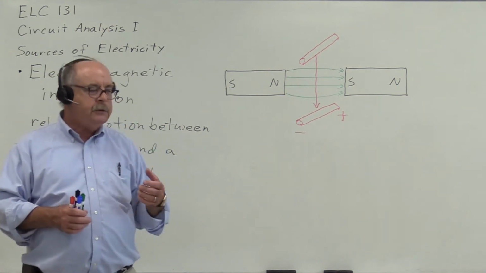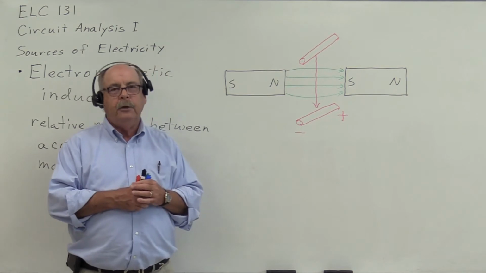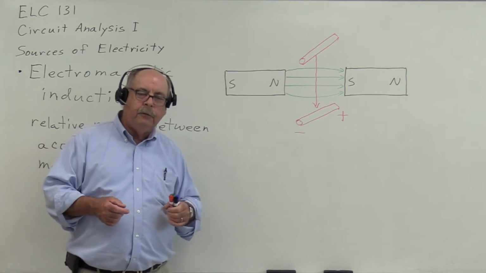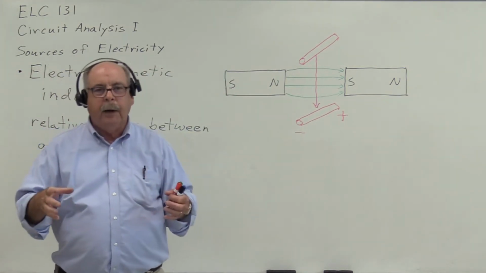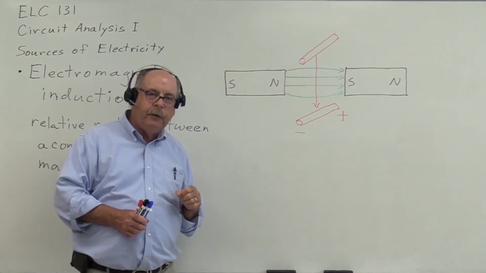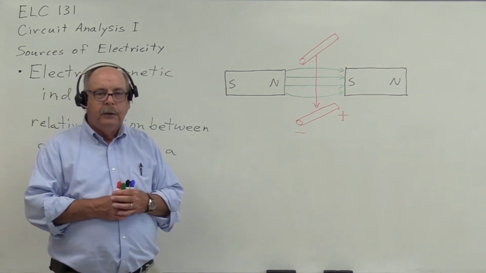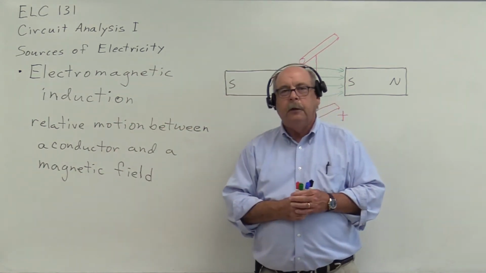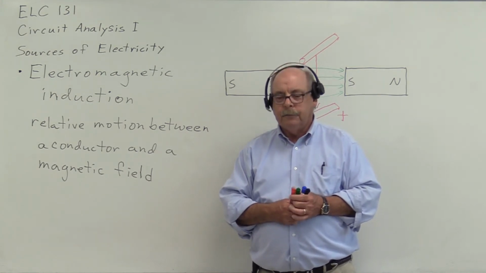In some cases, this motion is caused by the steam from a nuclear reaction that turns a turbine that makes the conductor move, or it's the wind blowing on the blades of a wind turbine that causes the conductor to move through the magnetic field. It doesn't matter what the source of energy is, the means of generating electricity are the same: electromagnetic induction.